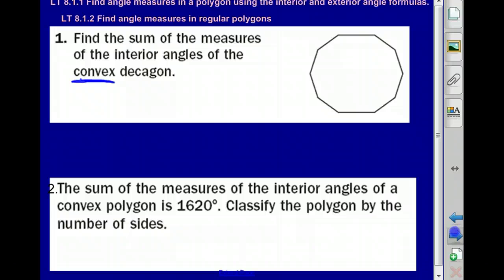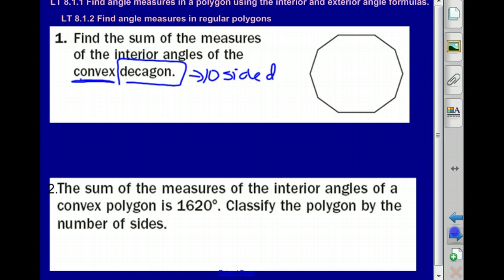Concave meant that there was a dip inside the polygon. The definition of convex, though, is that if I extend any one of the sides, it will never go into the polygon. So first thing I need to do is know that a decagon means 10. So this is a 10-sided figure.